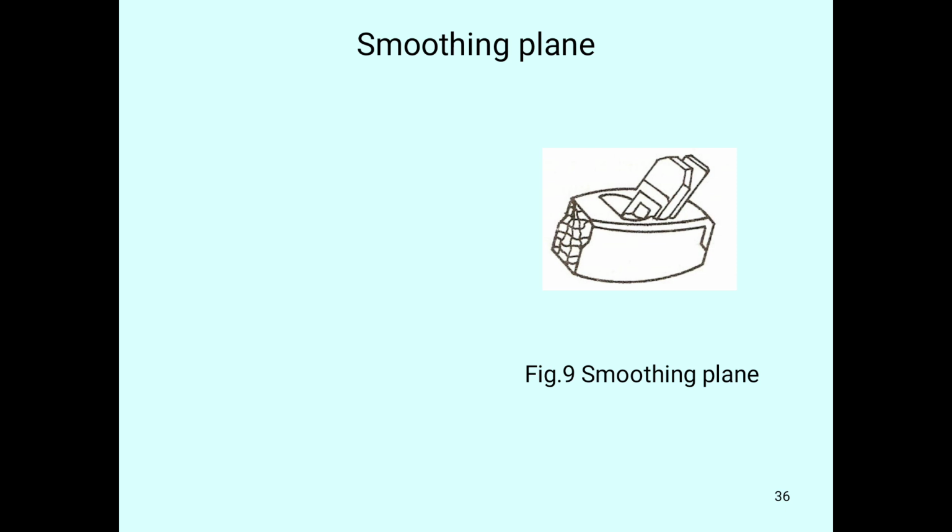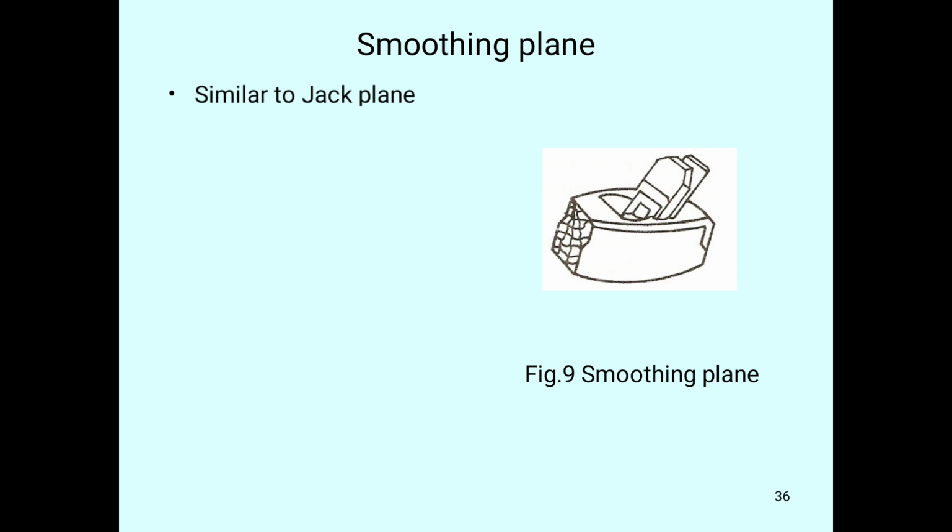Next plane is the smoothing plane. This is a diagram of a smoothing plane. The name indicates smoothing, so that we can get an idea about the smoothing plane.